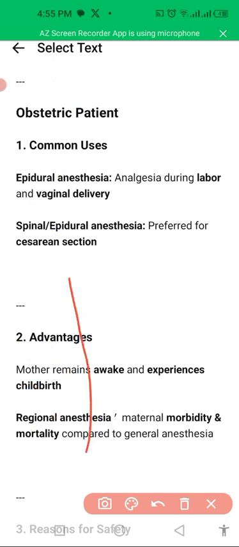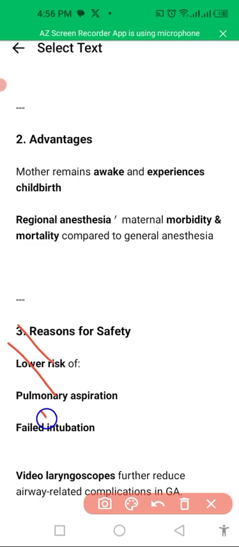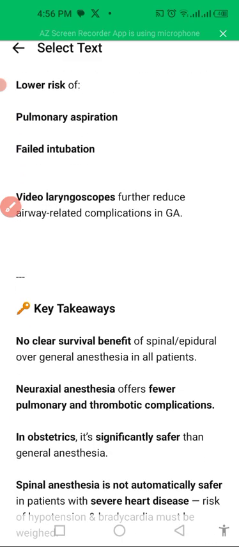This is an advantage and a very good thing for spinal anesthesia. It has low risk, pulmonary aspiration cannot happen, or there are fewer chances of failed intubation. So it is very important to take the risk into account.